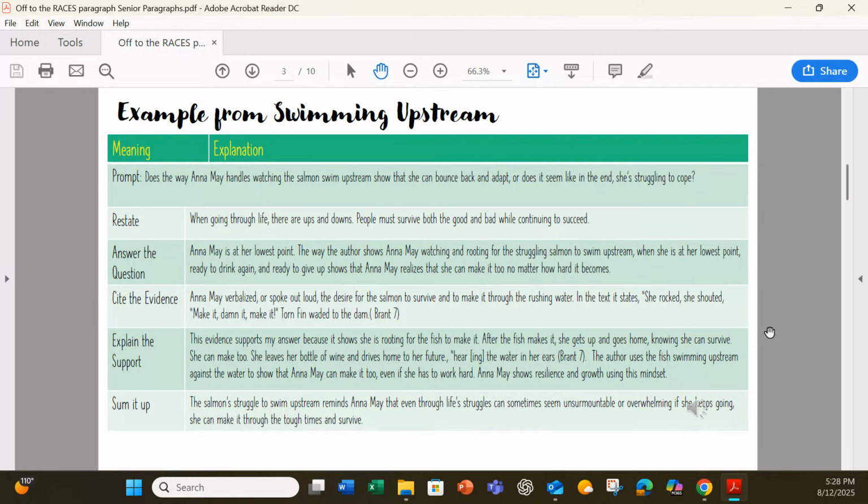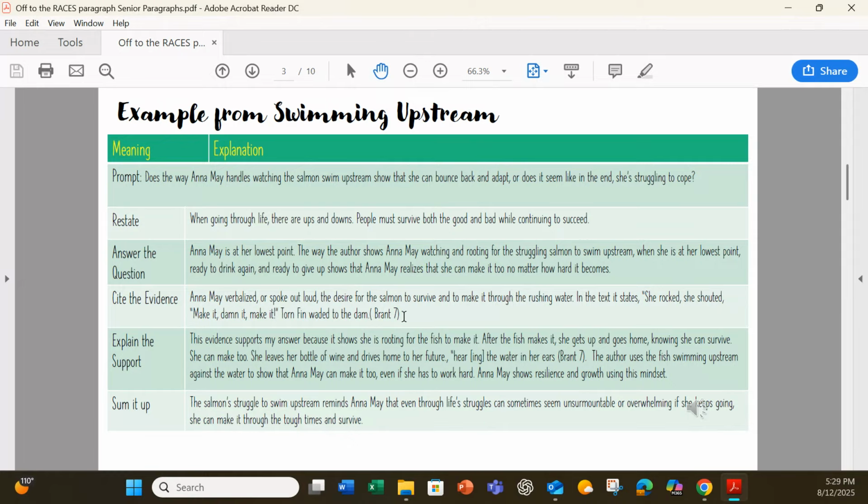The next thing I need to do is prove to my reader that, hey, I read that story. Here's the proof from the story that makes my answer make sense. "Anna May verbalized or spoke out loud the desire for the salmon to survive and to make it through the rushing water. In the text, it states, she rocked, she shouted, 'Make it, damn it, make it.' And Torn Fin waded to the dam."